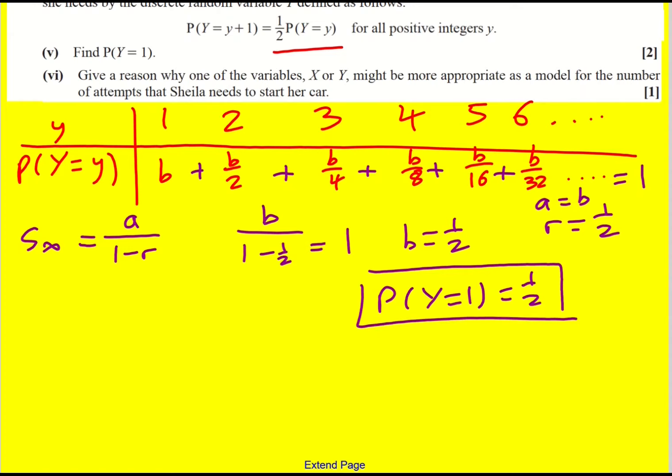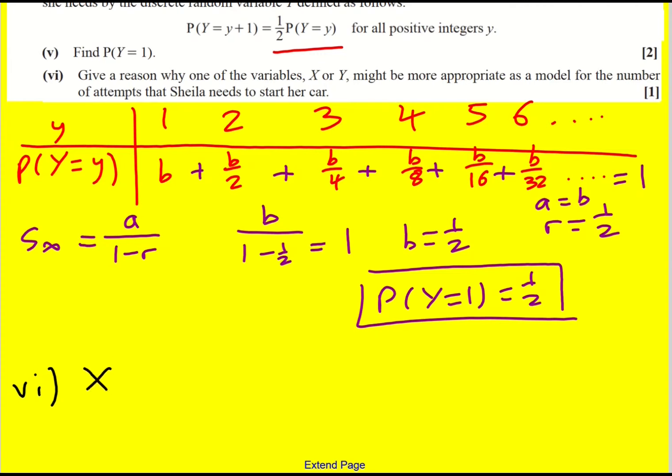Give a reason why one of the variables, x or y, might be more appropriate as a model for the number of attempts that Sheila needs to start her car. The interesting thing about this question is you could choose either one. You just got to give the right reason. So I went with x.